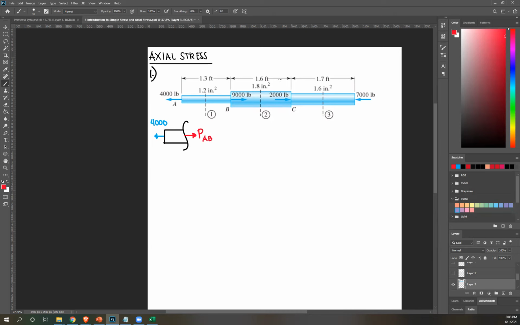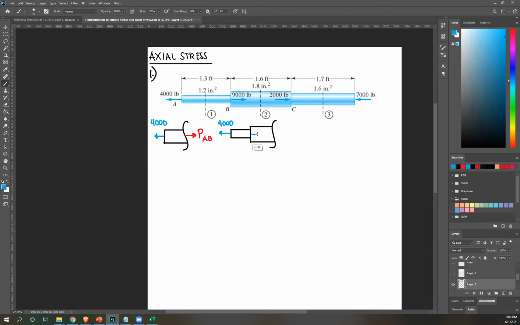So here, for bar BC, once again cut, and then you're isolating either the left or right side. In this case, either would be fine. Let's isolate the left. And then again, we have this force, 4,000, and then we have another force.